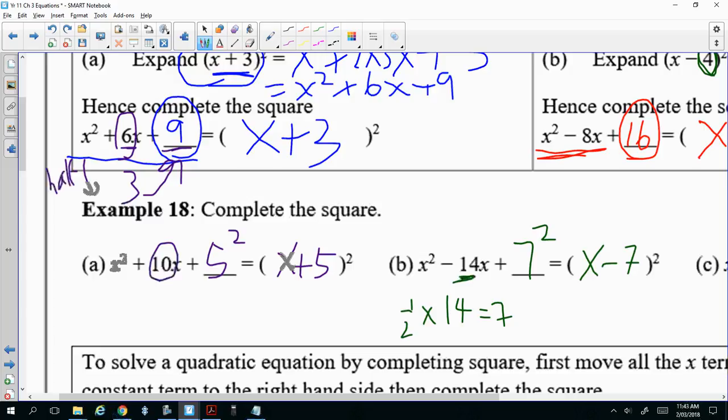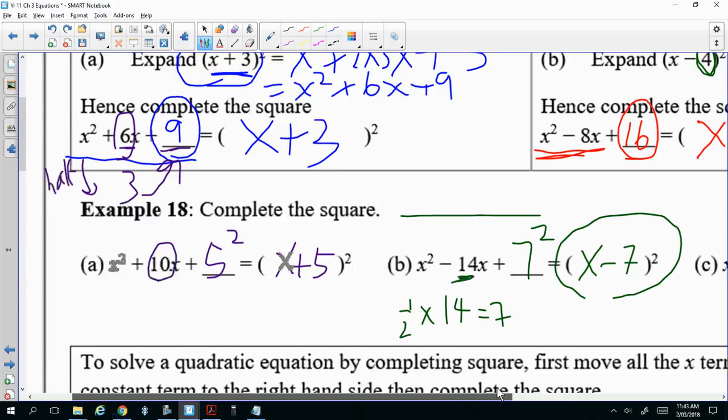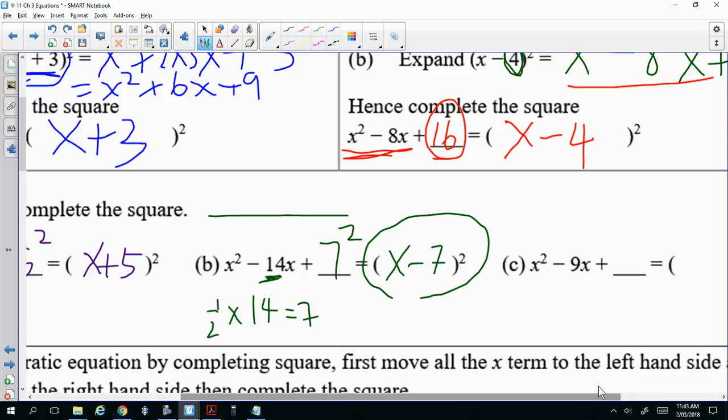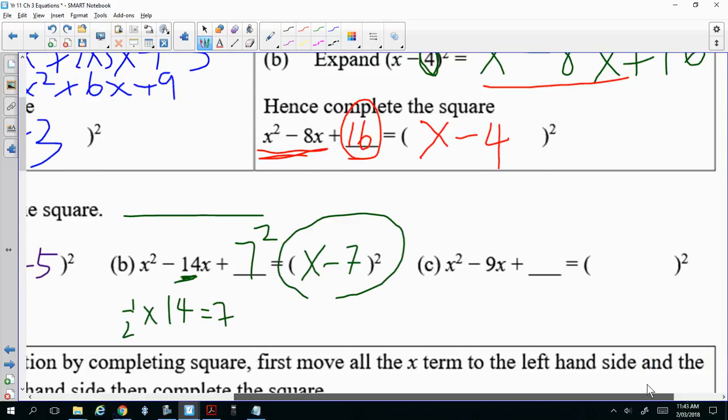If I expand this, I should get this. Next one more. What should we be adding this time? Half of 9, so we'll leave it as a fraction: 9 over 2. You halve it, but you square it.